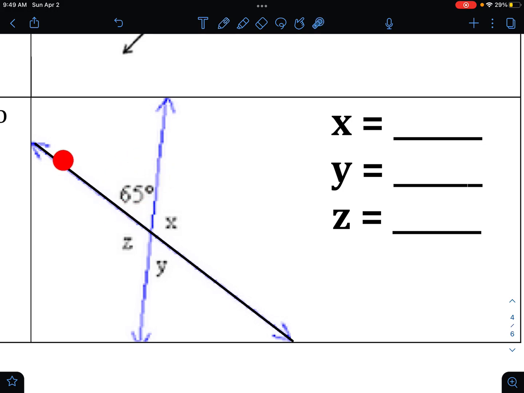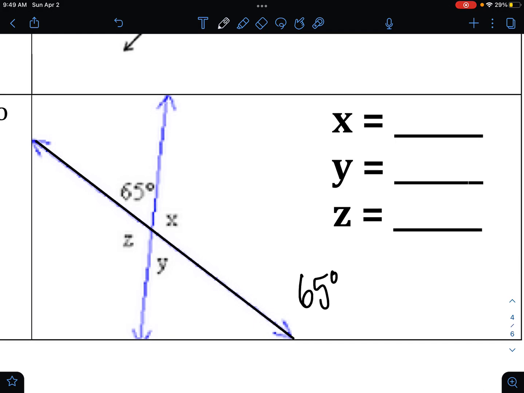So I want to look at this top part. I have a 65-degree angle, and I know if I'm on a straight line that the whole thing is going to add up to 180. So essentially, 65 degrees plus X should be equal to 180 degrees.